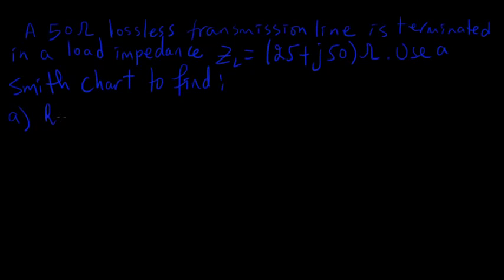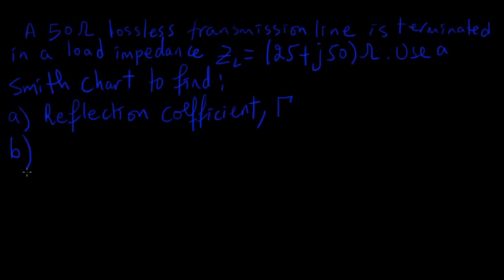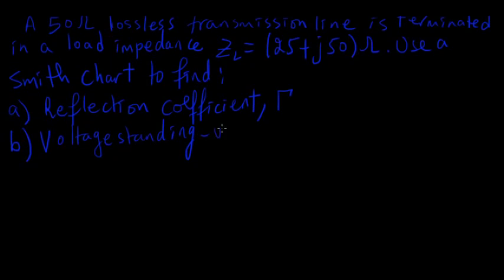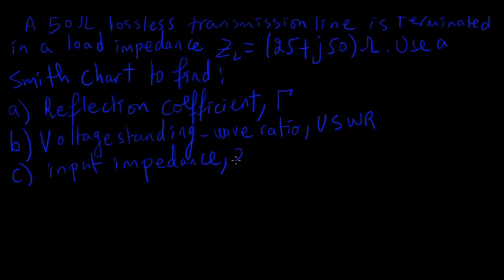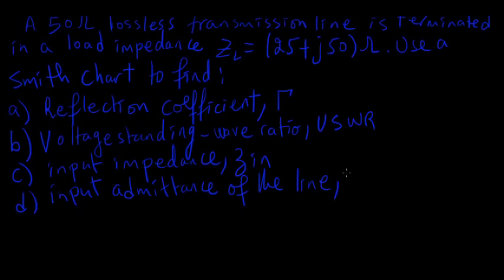A, the reflection coefficient, or the gamma, and B, the voltage standing wave ratio, or VSWR, and the input impedance, or Zn, and finally the input admittance of the line, or Yn.